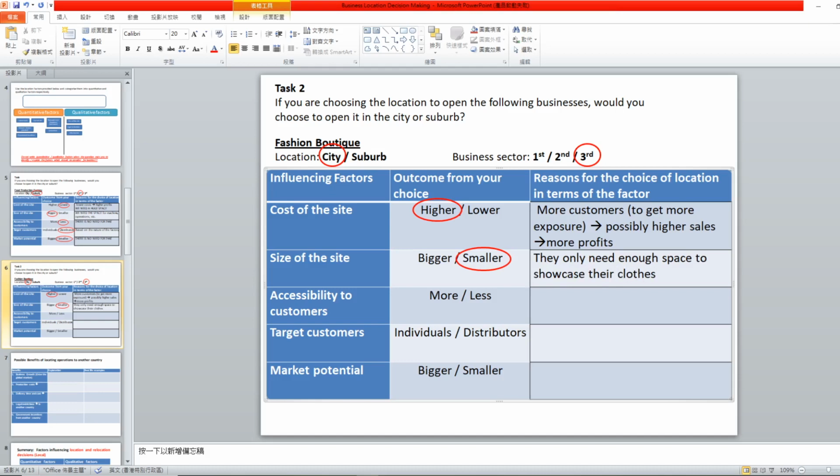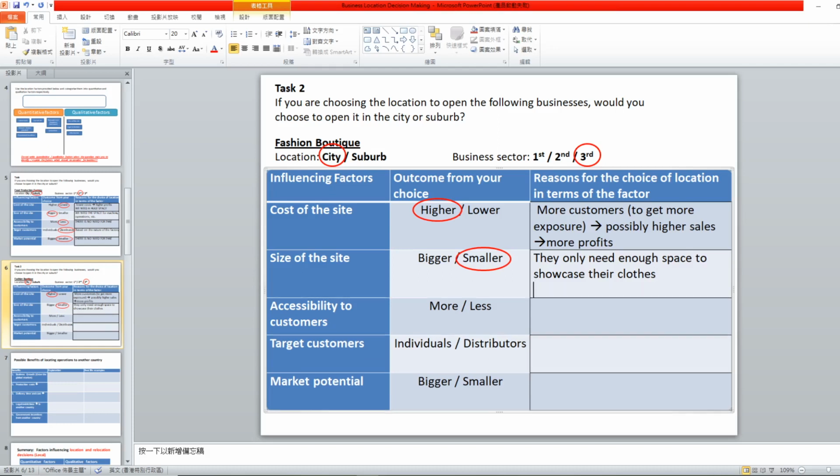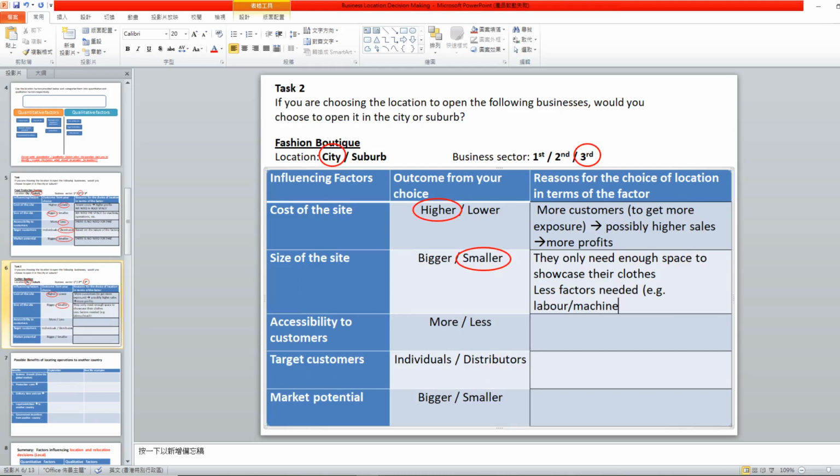And less labor, or I would say fewer factors needed, like labor and machines. That's good. So that's the second one.